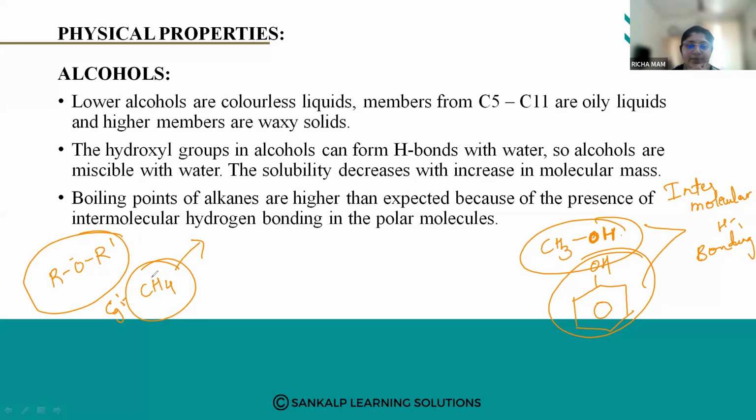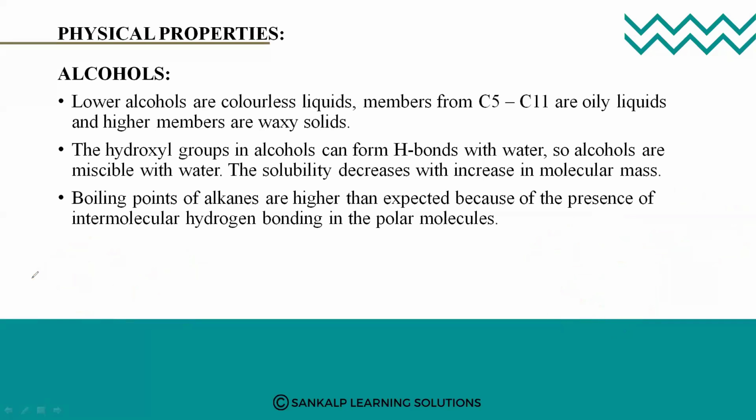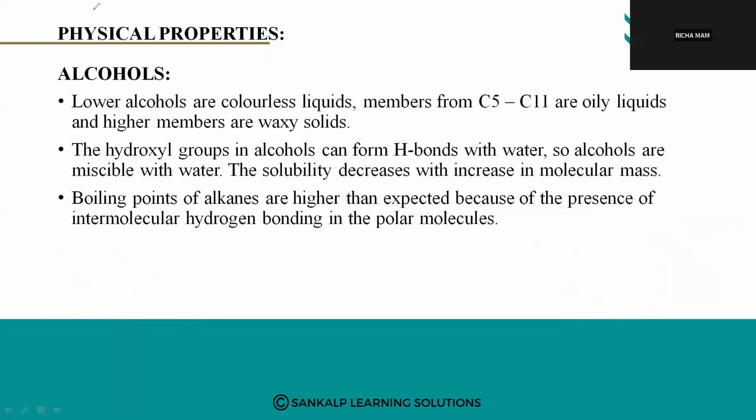Hydrogen bonding is absent in the case of methane and ethers. So this is the reason why alcohols and phenols have a higher boiling point.